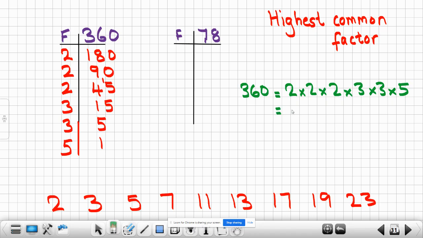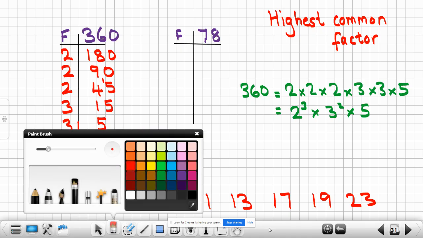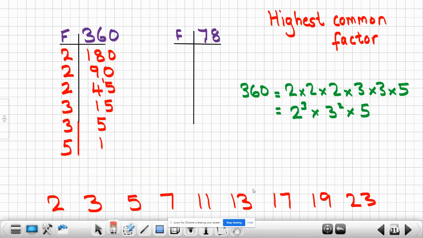And of course I can simplify that to 2 to the power of 3 times 3 to the power of 2 times 5.